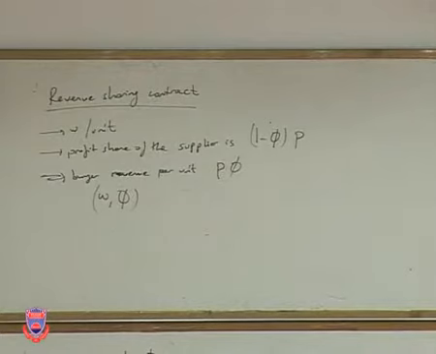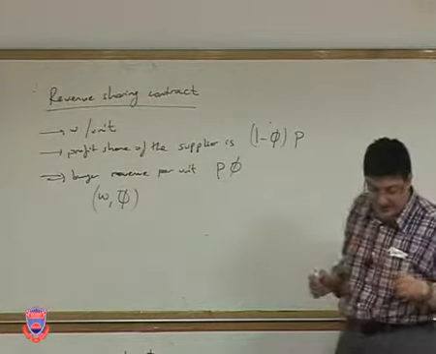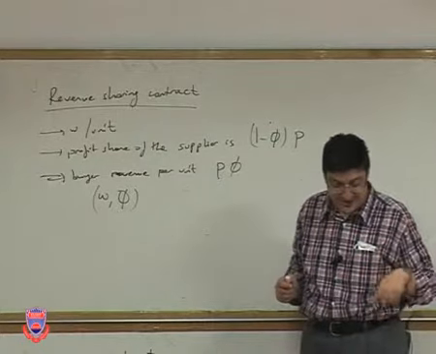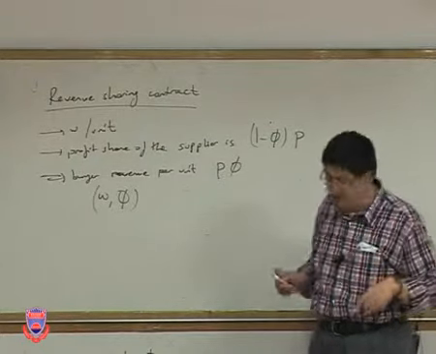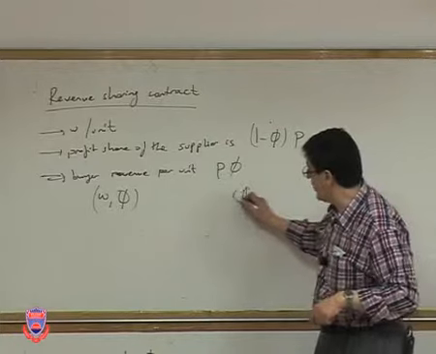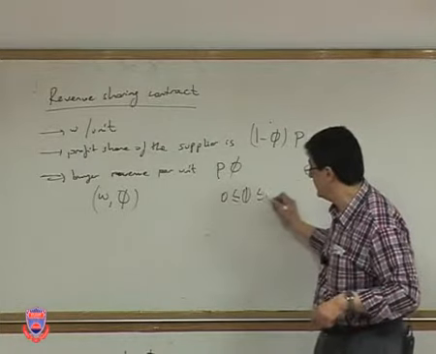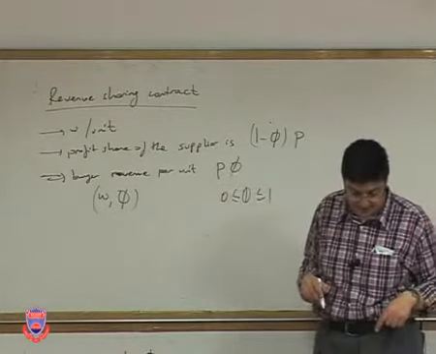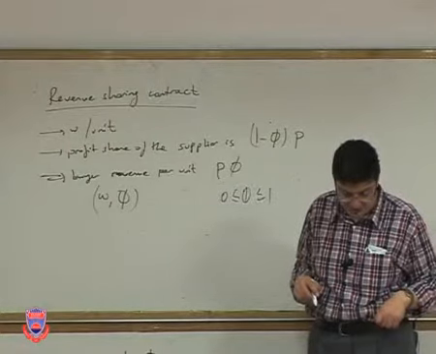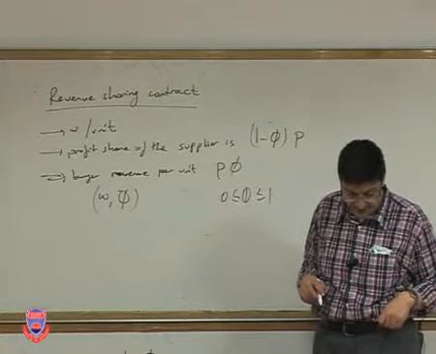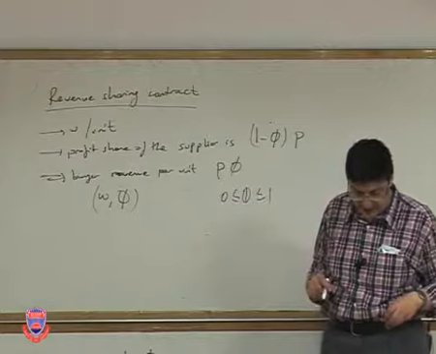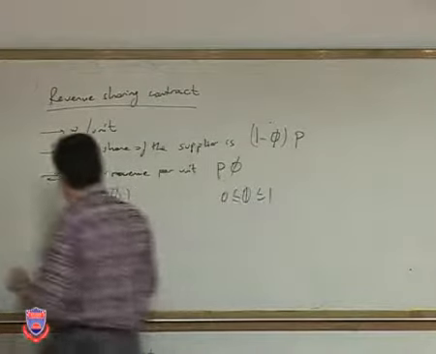Now this is going to yield more interesting results. So what I need to do is I need to write again, note that here of course phi is going to be a number between 0 and 1. It can be 1 as well. Okay, so what am I going to write now?